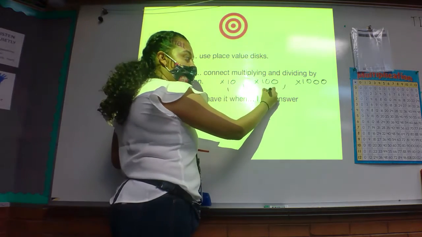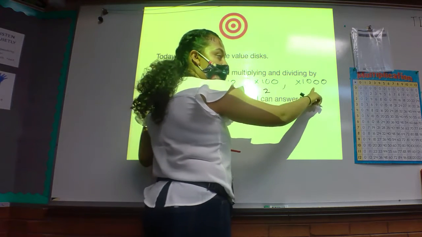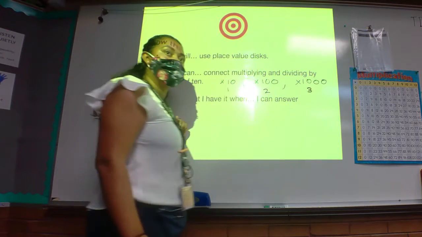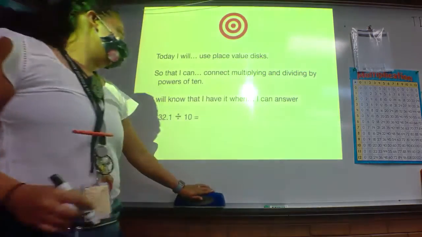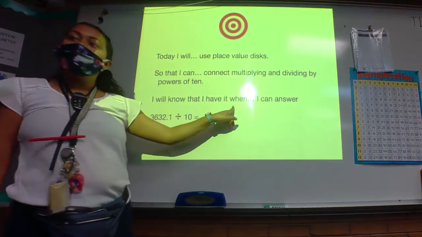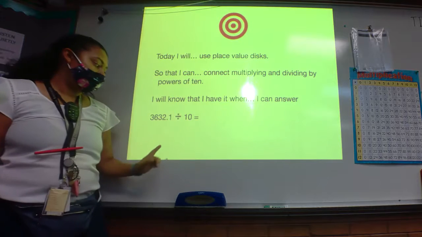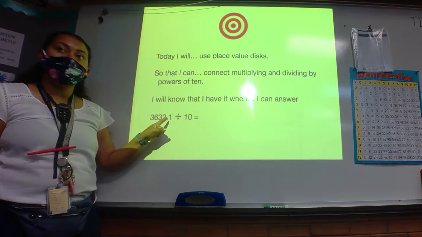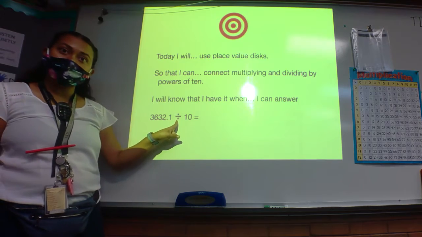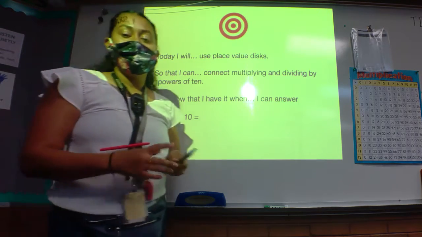This one has 2 powers of 10. 1,000 has 3 powers of 10. Okay? I will know that I have it when I can answer 3,632 and 1/10 divided by 10. Yes, Ledger?